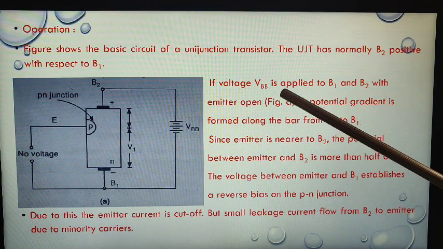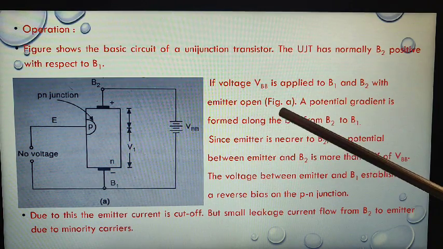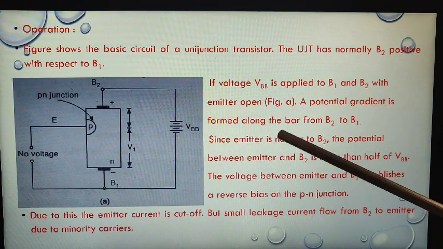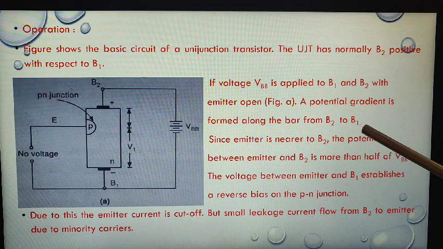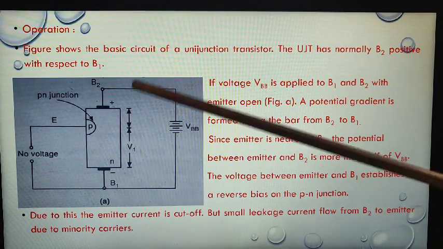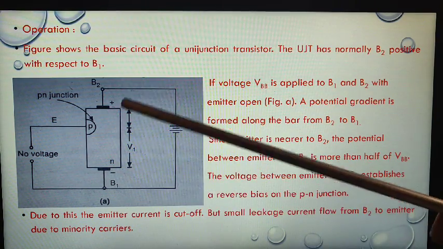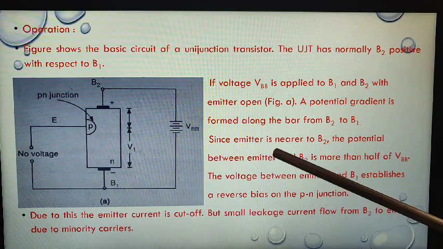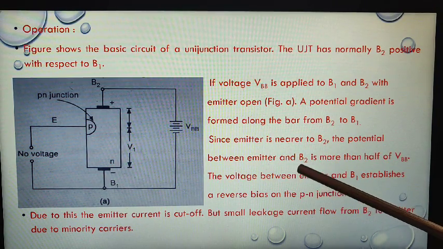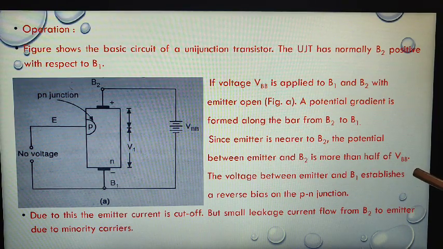If voltage VBB is applied to B1 and B2 with the emitter open, a potential gradient is formed along the bar from B2 to B1. Since the emitter is nearer to B2, the potential between emitter and B2 is more than half of VBB.